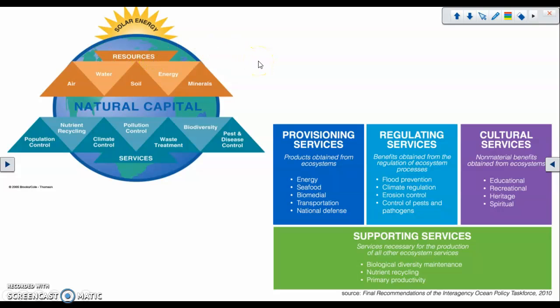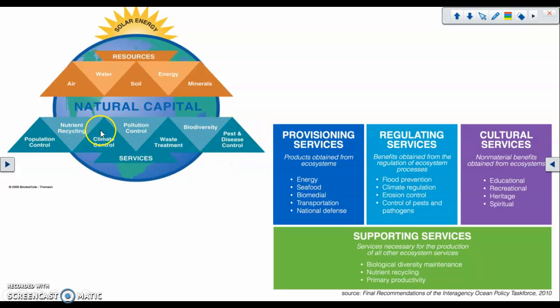Now, ecosystems provide services to humans. These services can be shown here as four different services, and they are also shown in this figure in all of these different forms.